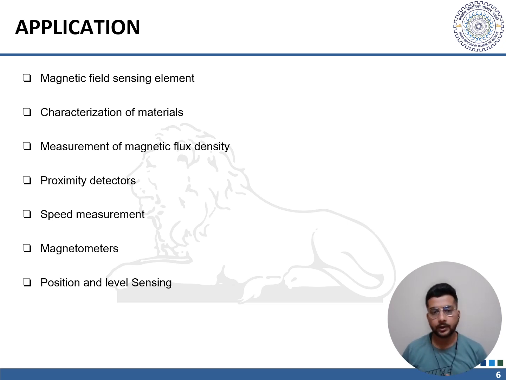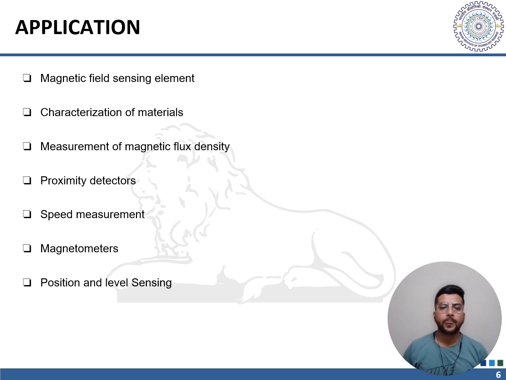One of the major applications of the Hall effect is to measure the magnetic field. It can also be used to create magnetic field sensing elements, to characterize materials as we have seen earlier, to create proximity detectors, and to measure speeds.